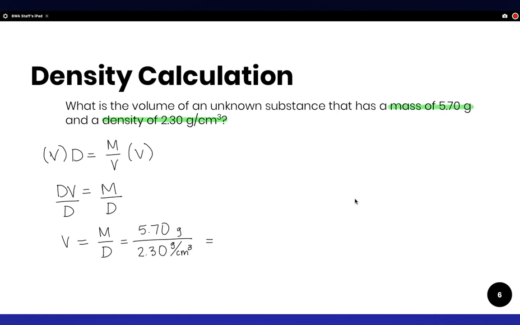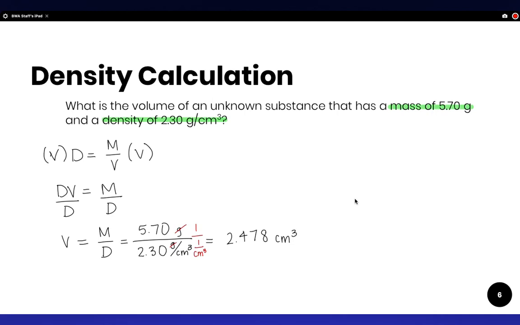My calculator says the answer is 2.478. And our unit is going to be centimeters cubed because grams is on the top and the bottom of the fraction, and centimeters cubed is inverted, but it's also in the denominator. So that actually will flip it up, and our final unit is centimeters cubed.